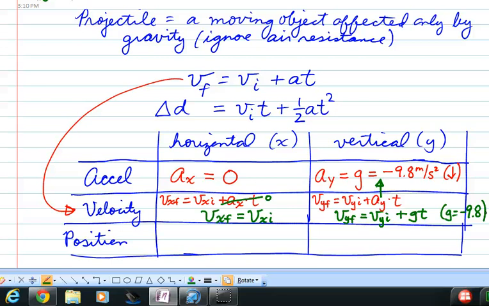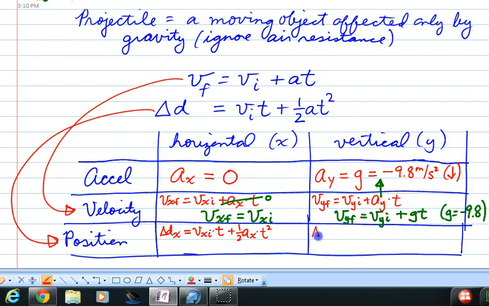Alright, so now we move on to position. And for position, we start with our general equation that delta d is equal to v initial t plus 1/2 a t squared. Again, I'm going to change things a little bit. I'm going to say delta dx equals Vx initial times t plus 1/2 ax times t squared.